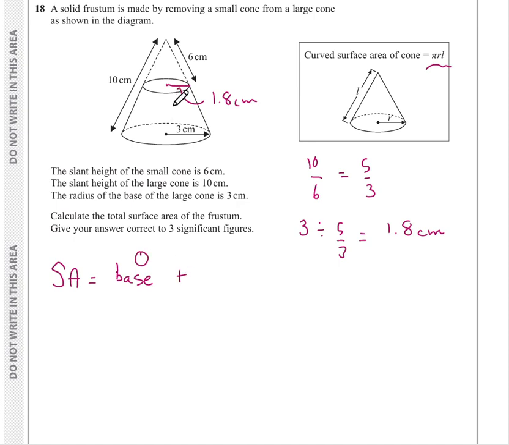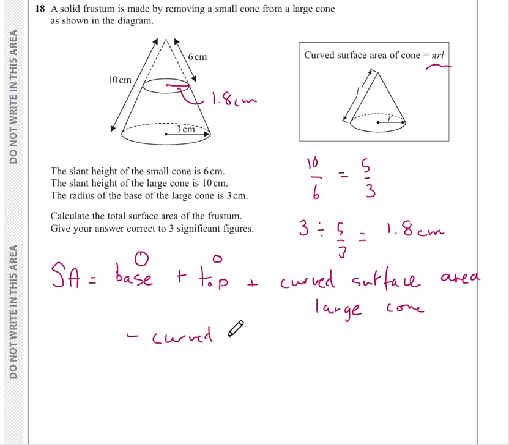Then we've got the top of this shape, which is a smaller circle, and then we've got the curved surface area of the large cone. But then we're going to subtract the curved surface area of the smaller cone.